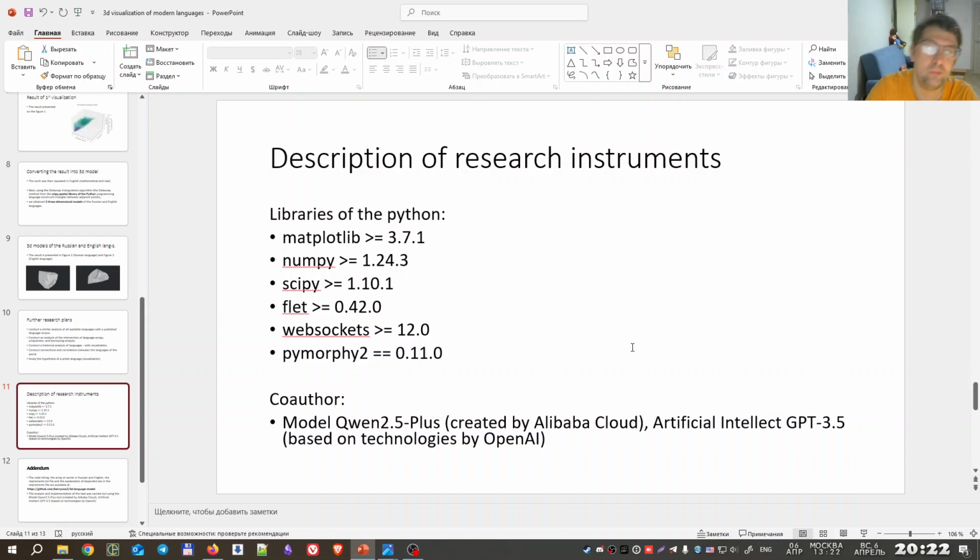It's a nice instrument. Even my friends, I don't know, could I call it a co-author? Maybe it's an instrument, maybe it's a co-author, I don't know. But I mentioned it here, as you can see.